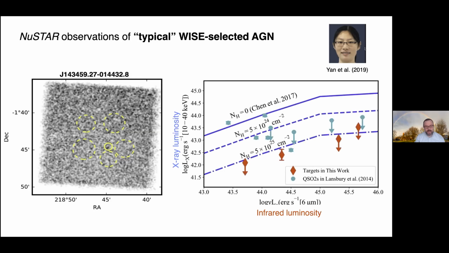And so if you go to plot this on a figure that shows the infrared luminosity on the x-axis and the X-ray luminosity on the y-axis, an unobscured source would typically have a relationship that looks up here. And she found very heavily suppressed X-ray emission by up to as much as 2 orders of magnitude, suggesting that these things have a really, really high obscuration, even above 10^25 per square centimeter.